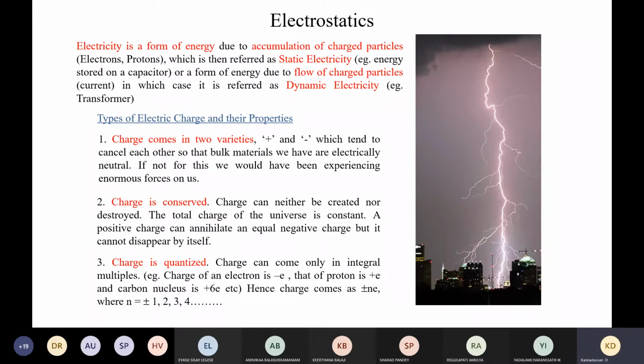So that is where the so-called charged bodies come into the picture, and sometimes these charged bodies may move, which we often refer to as current, or sometimes it will be driven with some particular velocity. That makes the flow of charge, so that comes under dynamics.